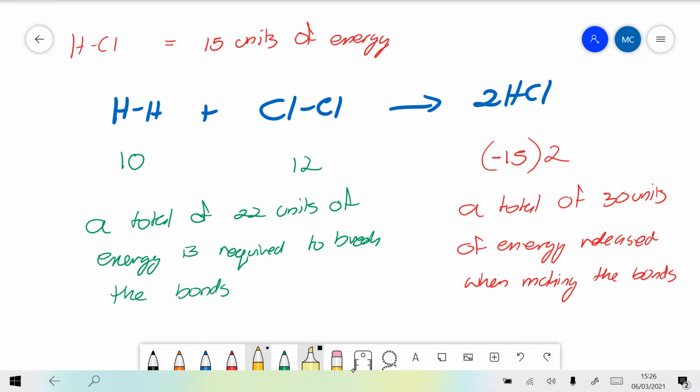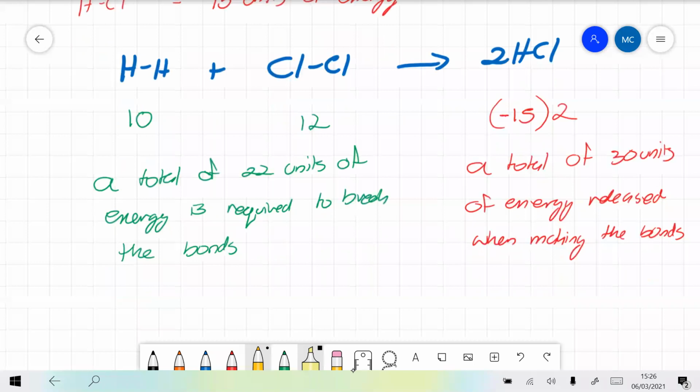Okay, so here we have 22 units of energy required to break the bonds, 30 units of energy released when making the bonds.